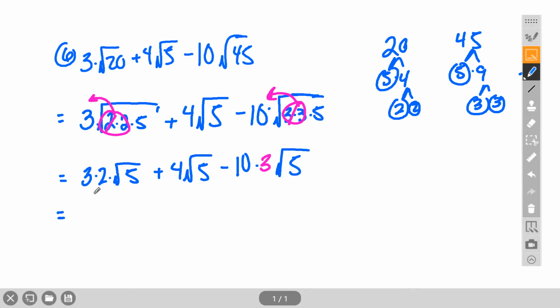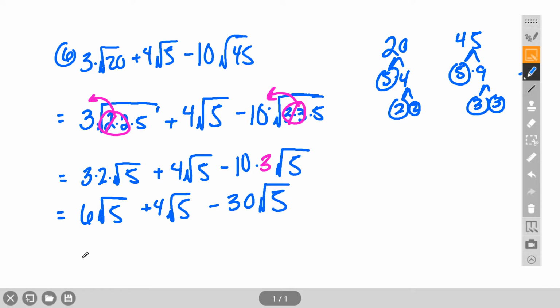So this is 3 times 2, so that's 6 square root of 5, plus 4 square root of 5, minus 30, because 10 times 3 is 30, square root of 5.